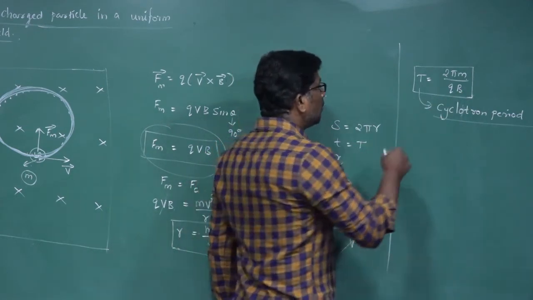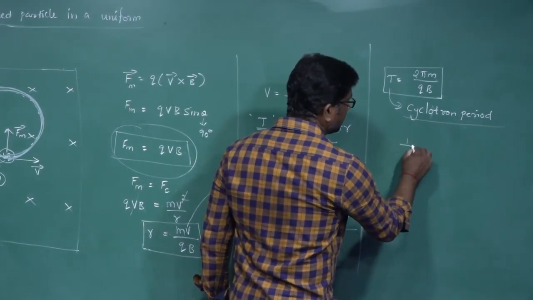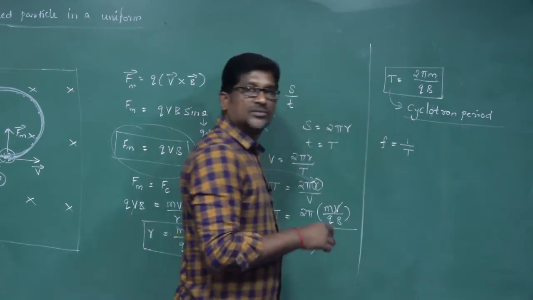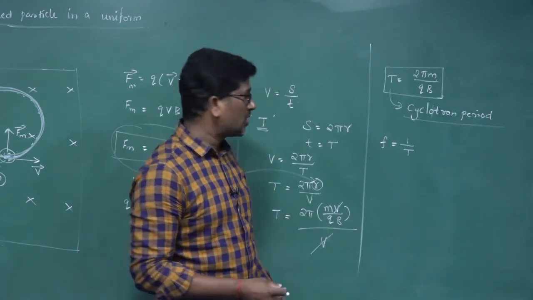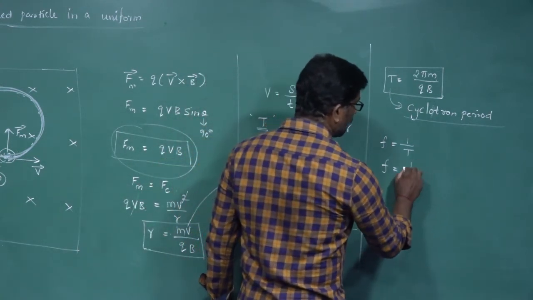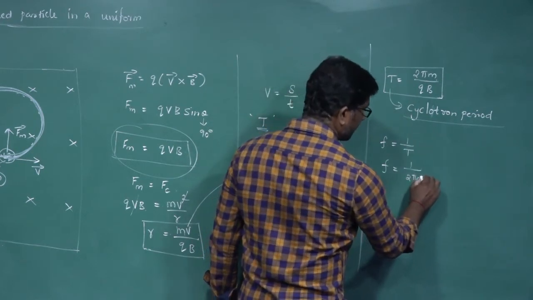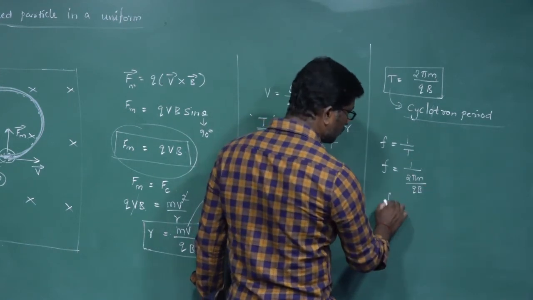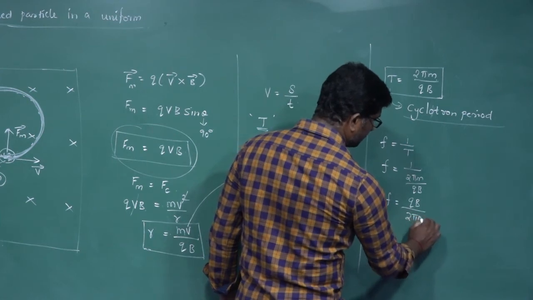Right. We know that the reciprocal of the time period is nothing but frequency. So frequency f is equal to 1 divided by T, which is 2 pi m divided by qB. qB goes to the numerator. So f is equal to qB divided by 2 pi m.